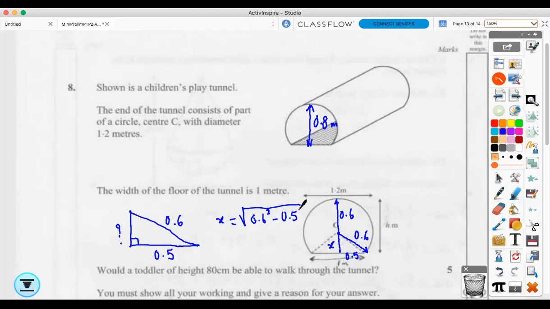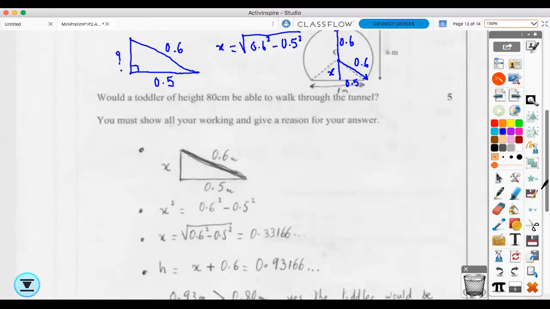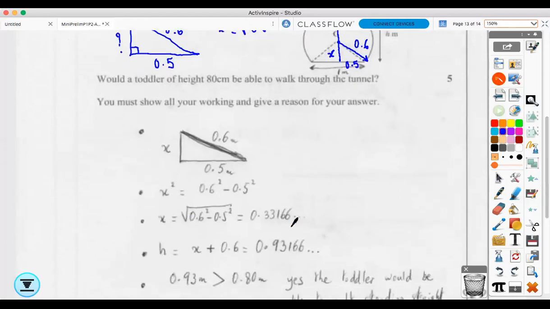Do you think I'm going to think of 0.5 as 0.2? No. Calculator, plug that in your calculator. What do we get? 0.3316, so I just put dot, dot, dot. I know my height is 0.6 adding to x, which is 0.93. That is bigger than 0.8.